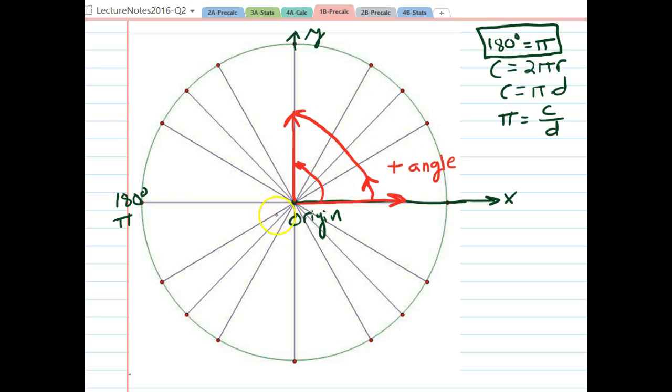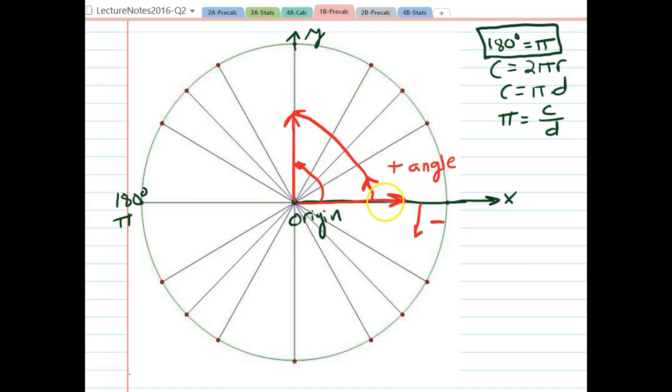Okay, now if I rotate down this way, those are still angles, but they have a negative measurement. Now remember, these angles are always caused by rotation. And so we are considering the fact that the angle is created by the arrow sitting on the positive x-axis.